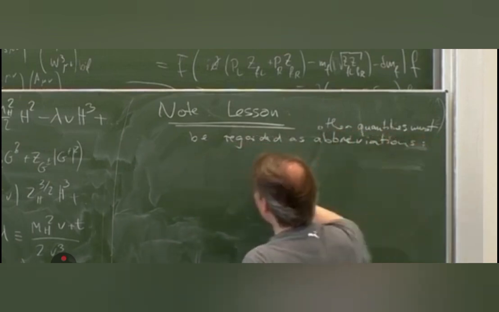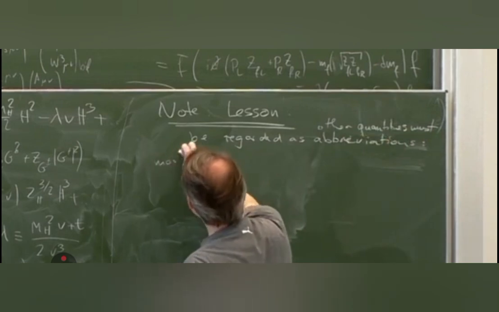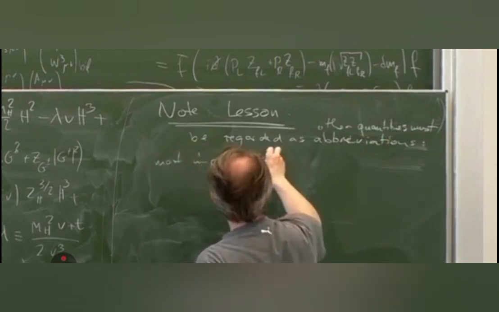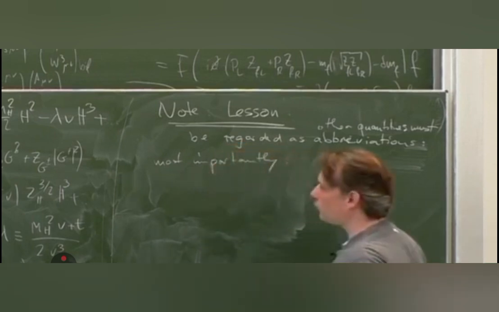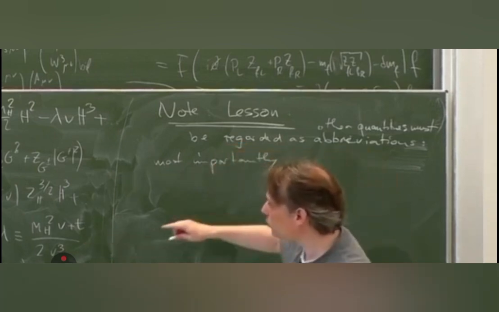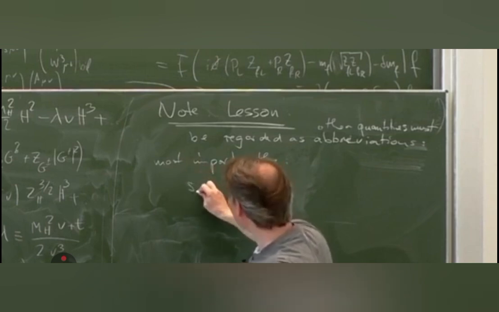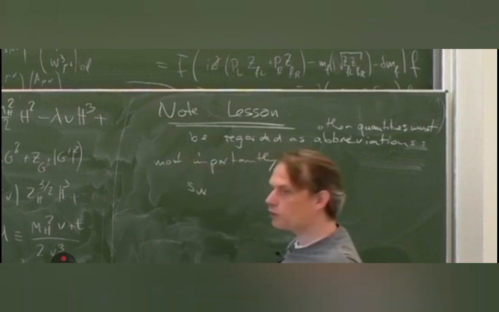So let's say most importantly, let us write down some important abbreviations. So let me maybe copy that from the left. The most important quantity for sure is the weak mixing angle SW.